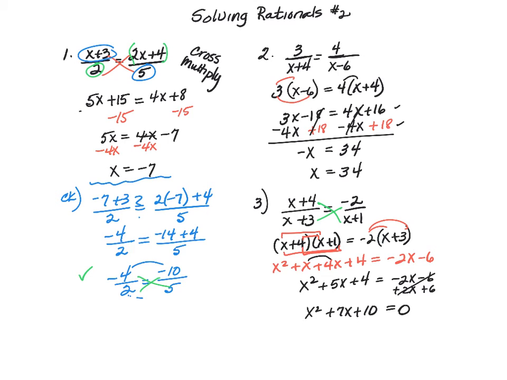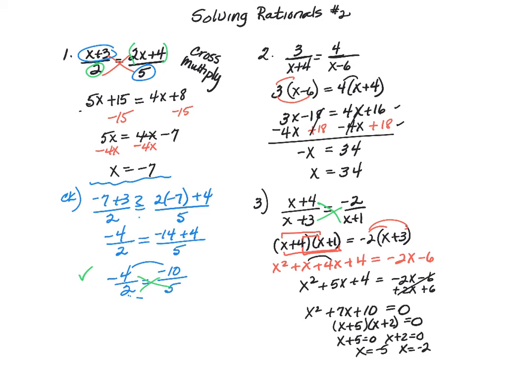You're going to factor x squared plus 7x plus 10 into (x + 5) times (x + 2), and that equals 0. That means that either x plus 5 is equal to 0 or x plus 2 is equal to 0. Here that would mean x is negative 5, and on this side it will be x is negative 2.